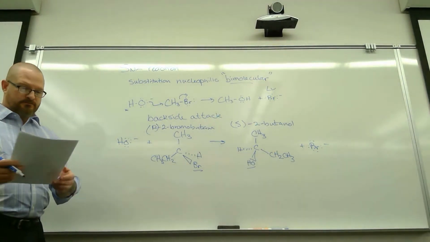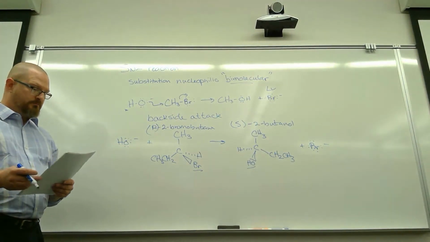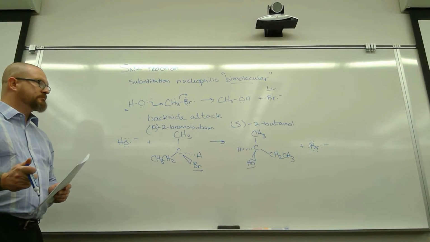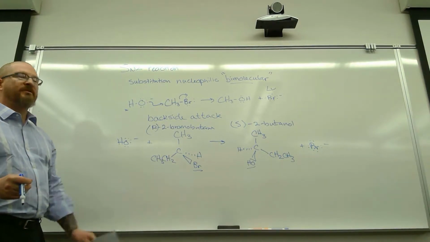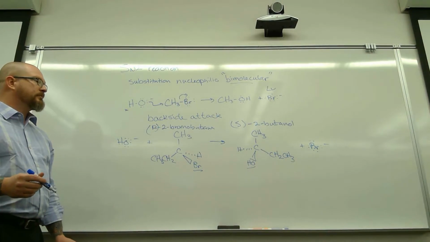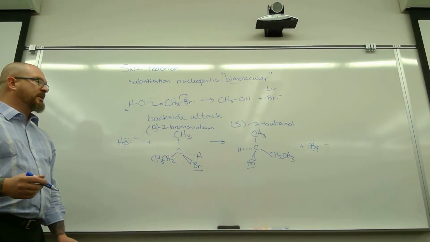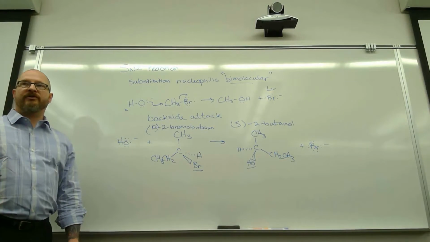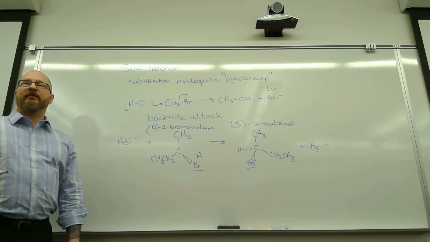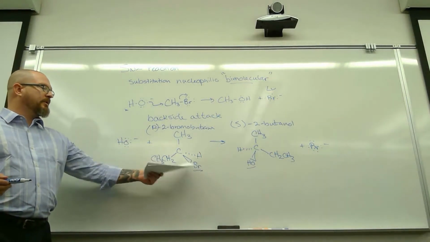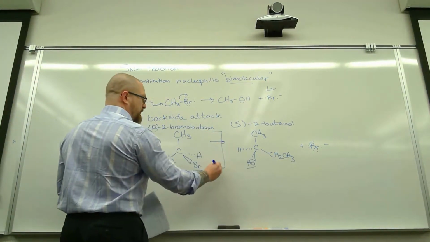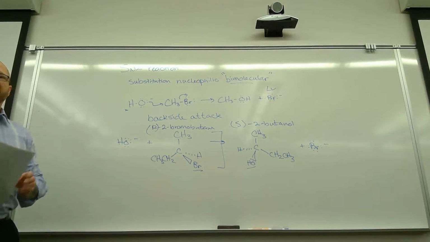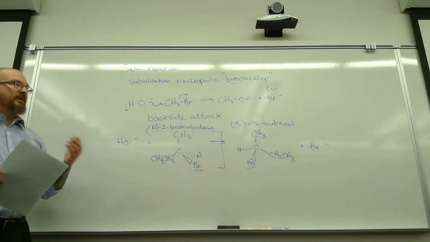Yes? The book said a good strategy was to draw the mirror image and substitute the halide for the... And that's what this is here. Does that generally hold true? Yeah, you could, because if you draw the mirror image, you're inverting the stereo center, and then you just substitute what is going on for what left, which is what we have here. That's a good technique.